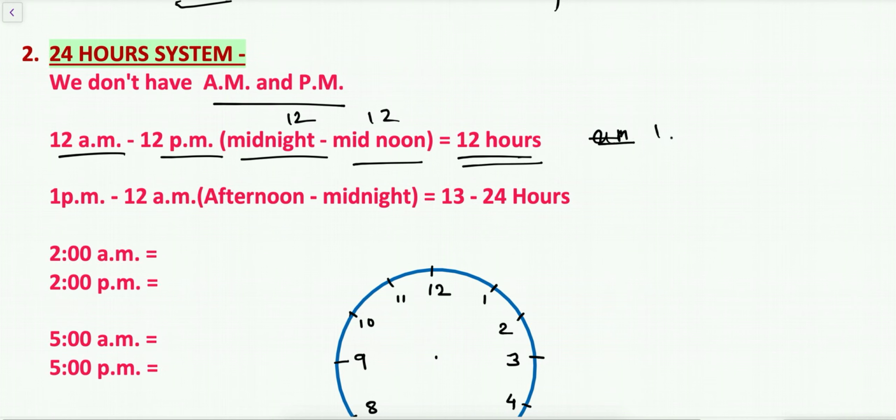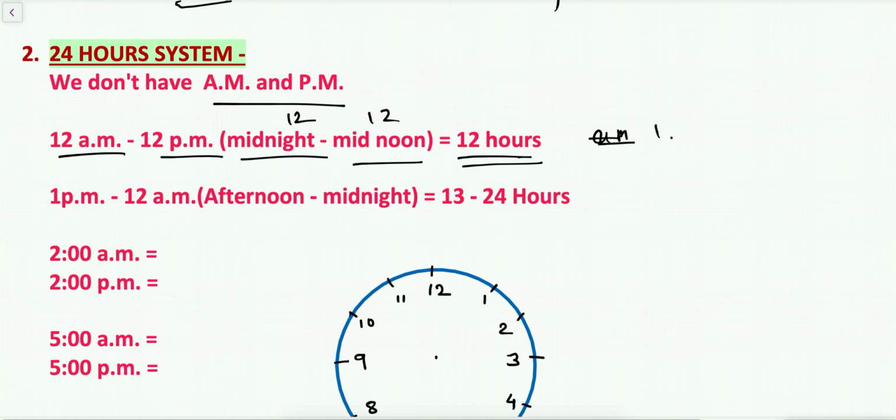If we divide 82 by 60, 60 ones are 60, minus, here 2 and here 2. So this is minutes and this is seconds. So 82 seconds will be equal to 1 minute 22 seconds. So this is the conversion.